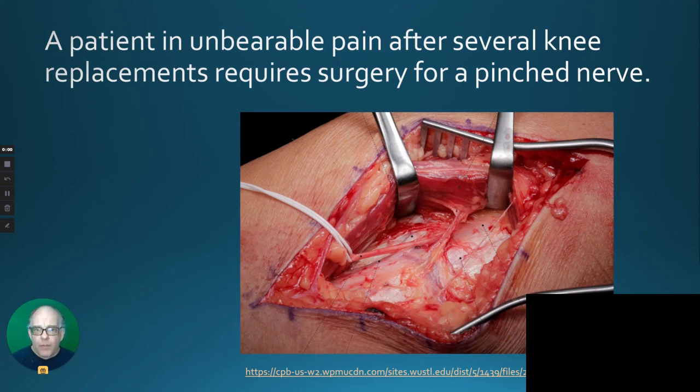The pinching of this nerve was so incredibly painful that she asked that the surgeon amputate her leg if the surgeon was not going to be able to release the pinched nerve, basically release the tissue causing the pain.